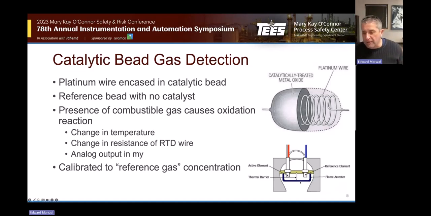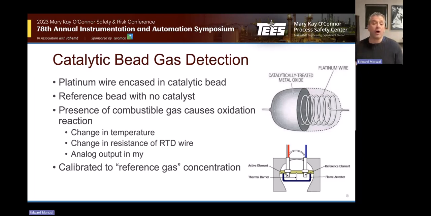Then I will put that reference gas directly into the detector and see what output is being given, and then use either set screws or HART communications, however I'm communicating with the device, however smart the device is. I'm basically telling it that when I see this differential resistance, this is what concentration that means.